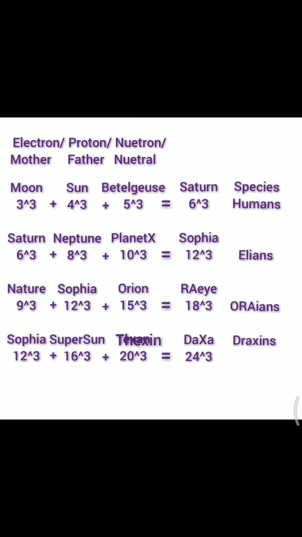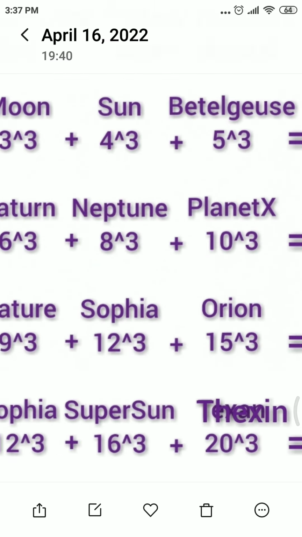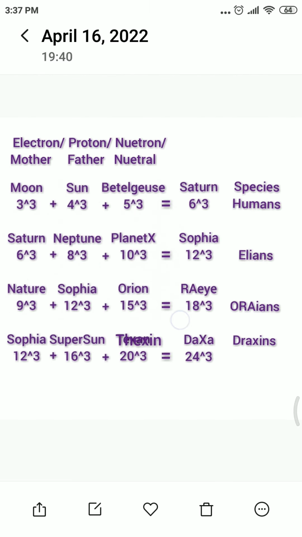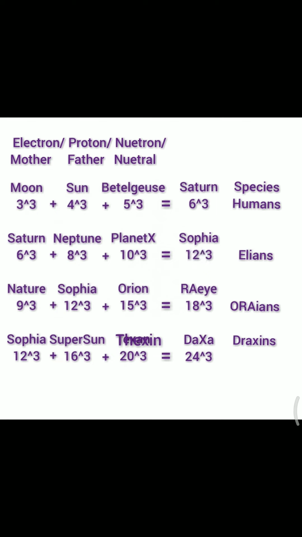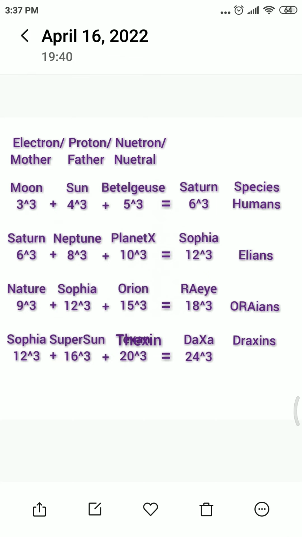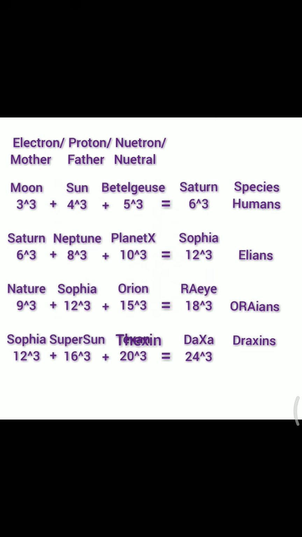So 6, 8, 10 give rise to 12 cube. I call this Sophia for the reasons I will explain a little later. This 12 cube is Sophia, and 12 cube Sophia, super sun 16 cube, 20 cube.